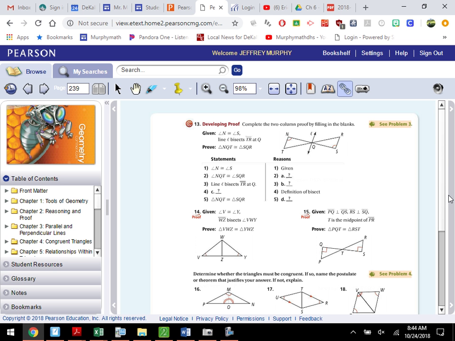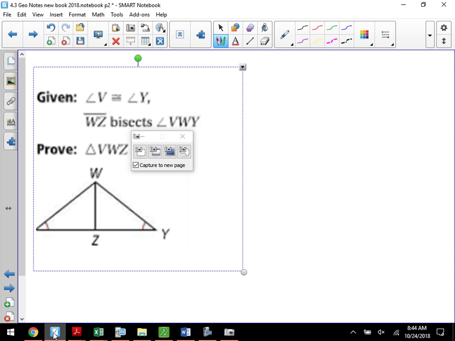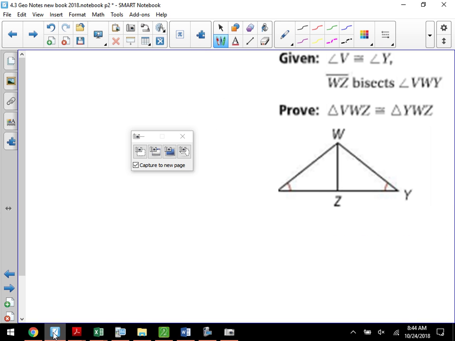So the other two were 14 and 15, correct? So you're given that information.